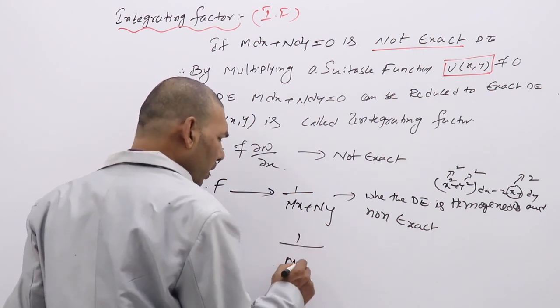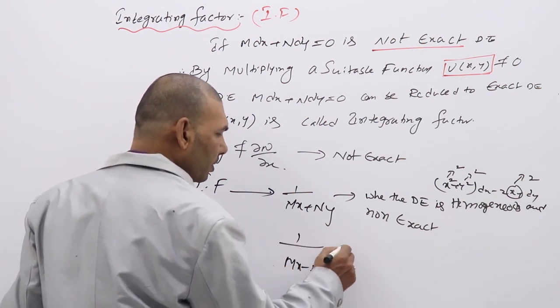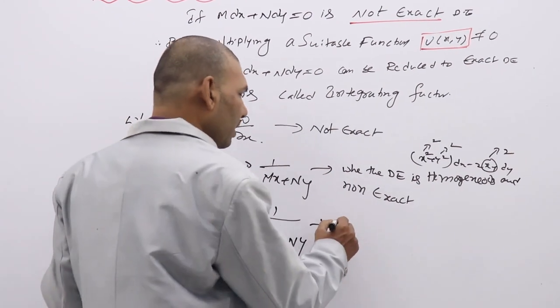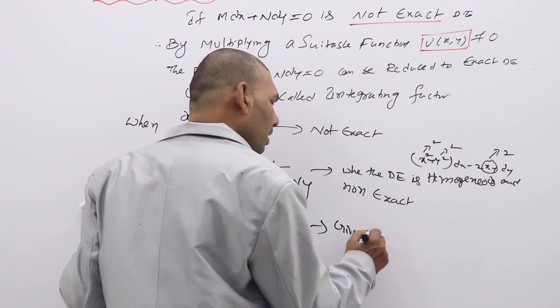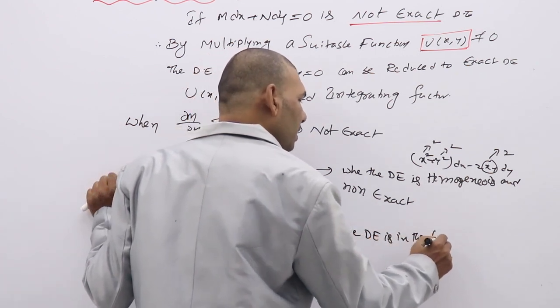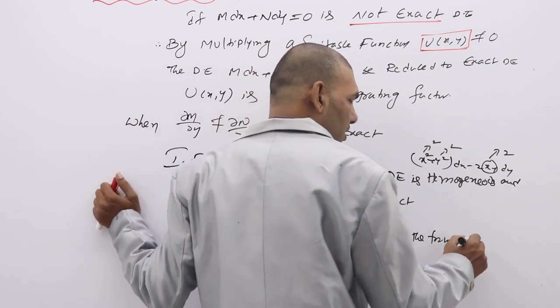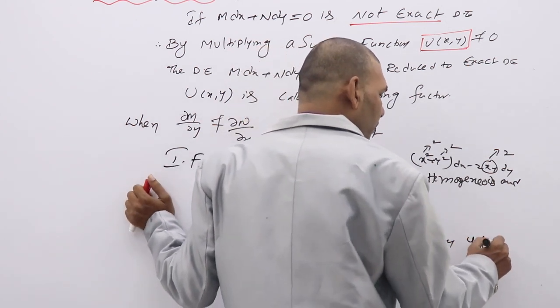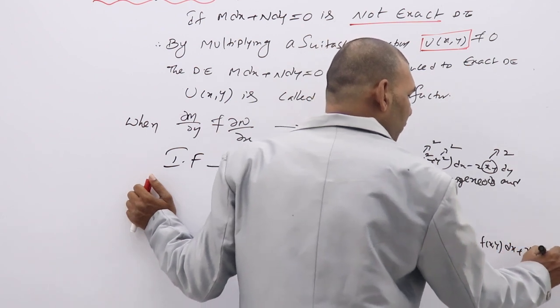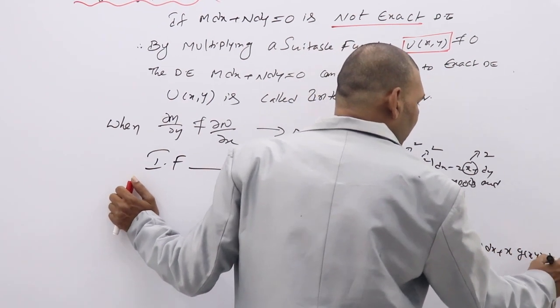Another one, 1 by (Mx minus Ny). So this one we use as the integrating factor if the given DE is in the form y f of xy dx plus x g of xy dy equal to 0.